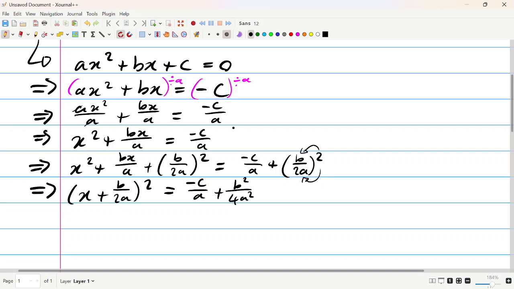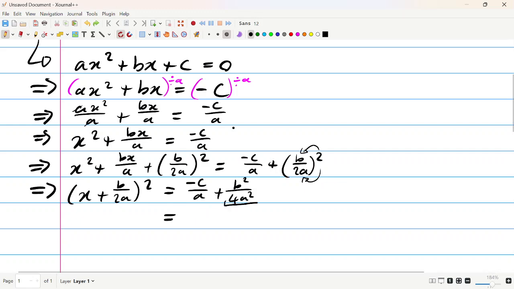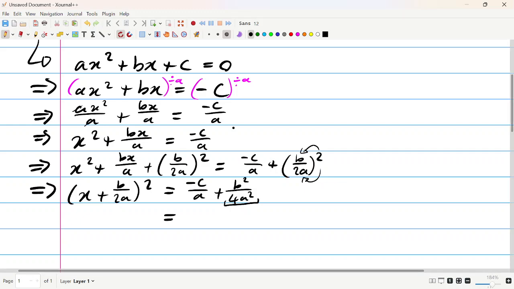Alright, and then what's next? We need to recall lowest common denominators on the right hand side, so we can write this as a single fraction. So what we do at the bottom, we do at the top. Remember, the most that we can get for the denominator is 4a squared, and this one we just have a. So in order to get to 4a squared, we just need to multiply by 4a again.